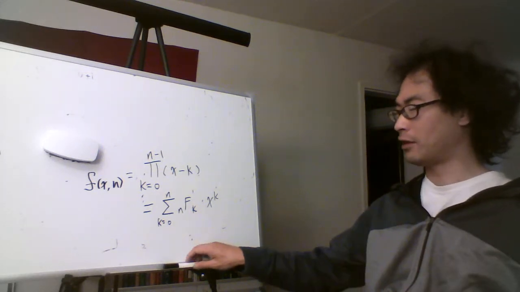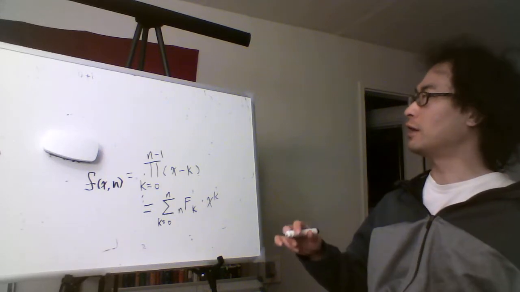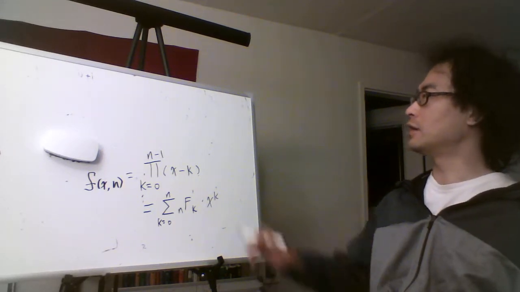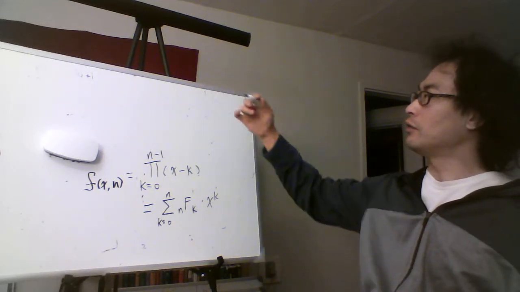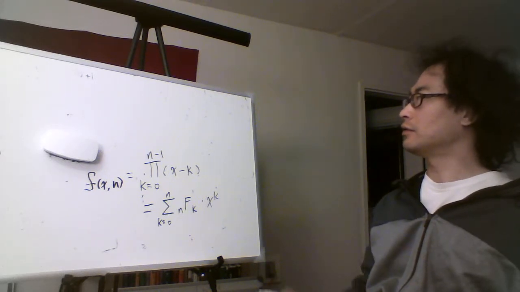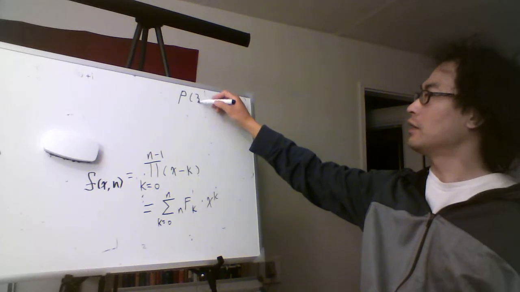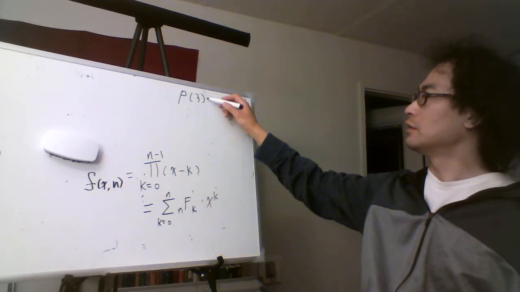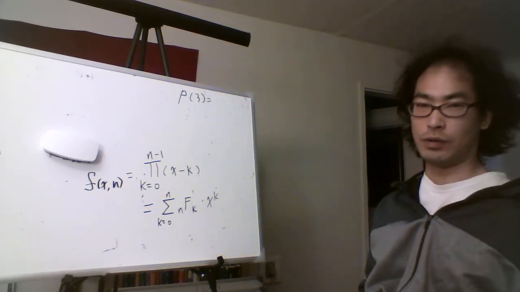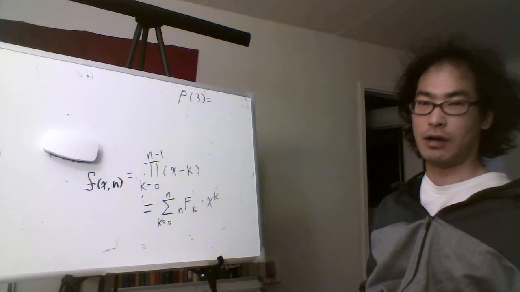Young diagram and whatever. So what is a partition? You have the number three, right? So the partition function of three is the number of ways of expressing three in terms of sum.